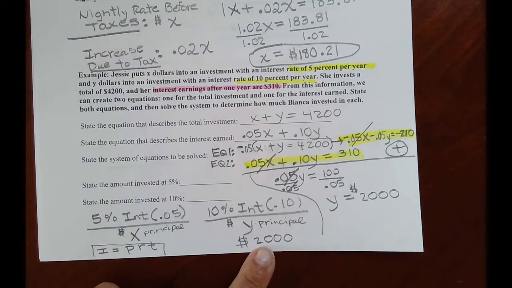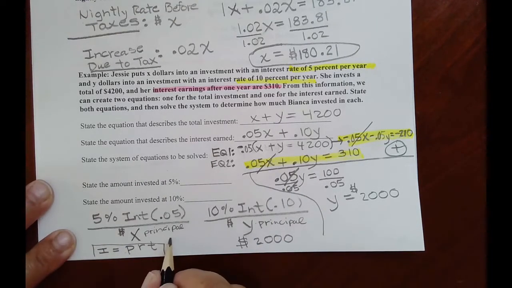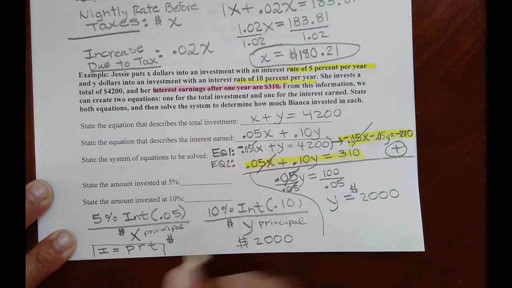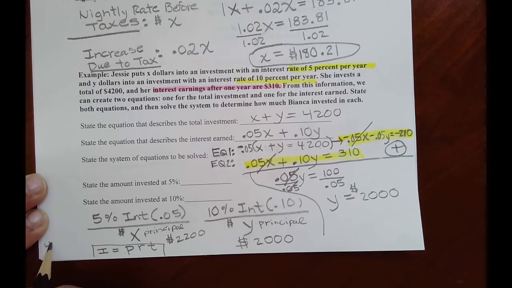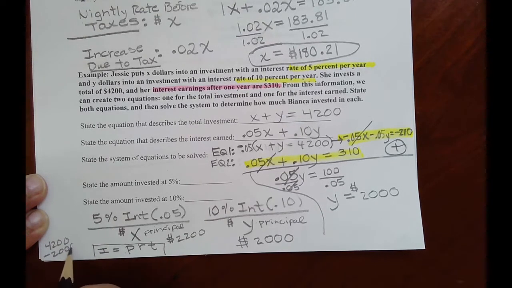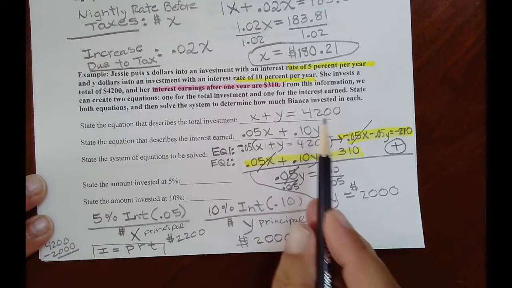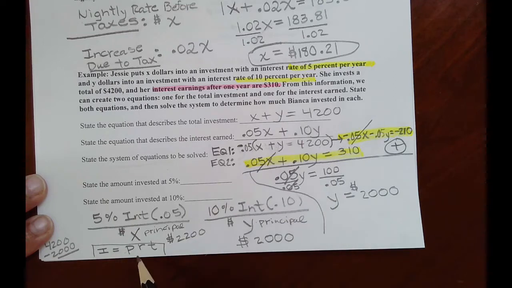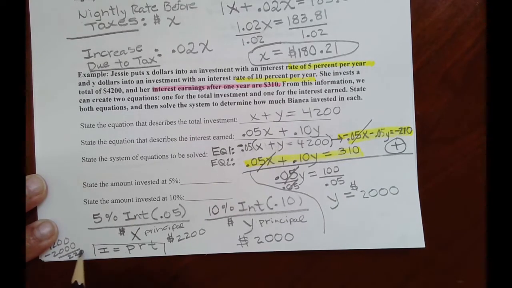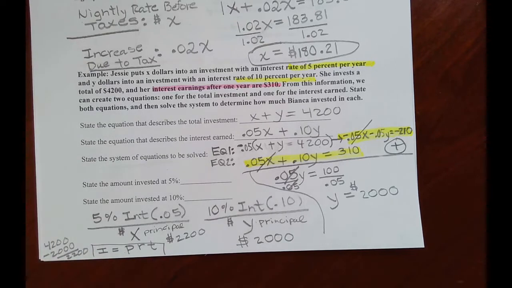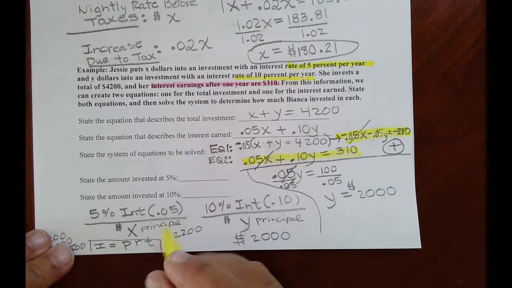So if 2,000 was given here, then this would have to be the rest of the 4,200, so 2,200. If you can't do that in your head, it would be what you walked into the bank with minus how much you know you gave at the other counter. So you're giving part of your 4,200 at one counter and the other part for some other investment. So that's 2,200. Okay, and then you have both answers.